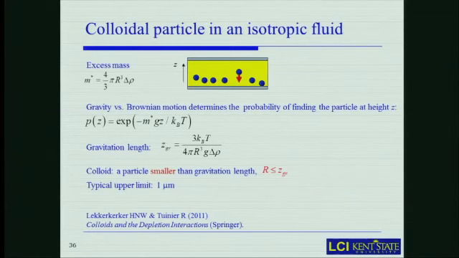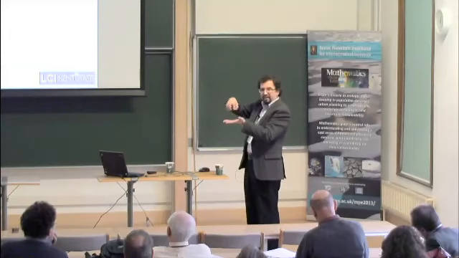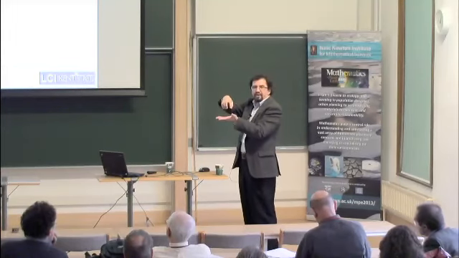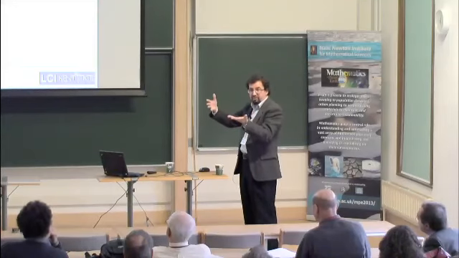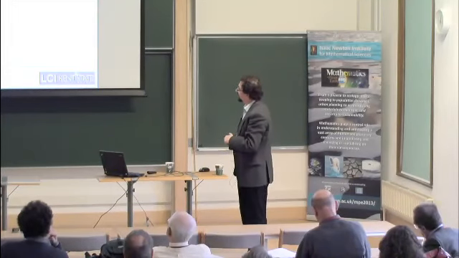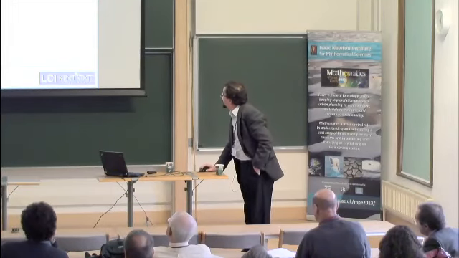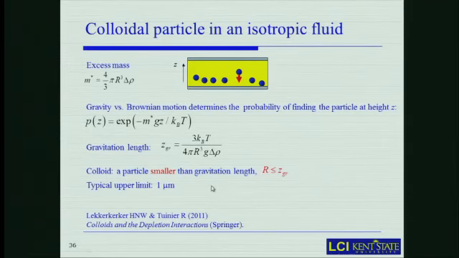And if this Brownian motion is capable of keeping the particle at a typical z-coordinate that is comparable to the size of the particle, we call such a particle a colloid. So typically, a colloid is something that is smaller than 1 micrometer.